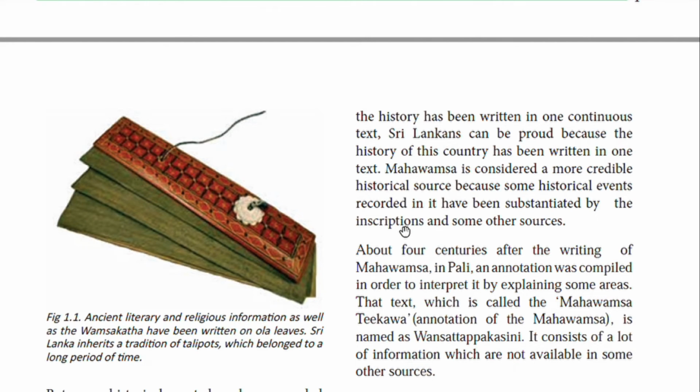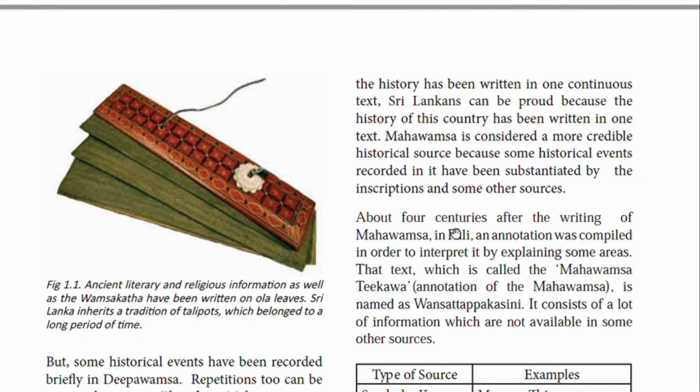We can prove some facts included in Mahavamsa from the inscriptions and other sources. About four centuries after the writing of Mahavamsa in Pali, an annotation was compiled in order to interpret it by explaining some areas.